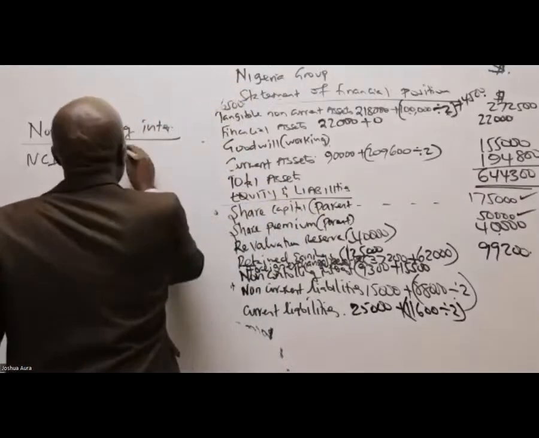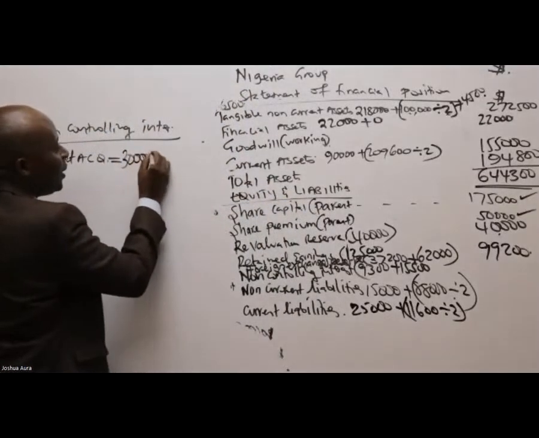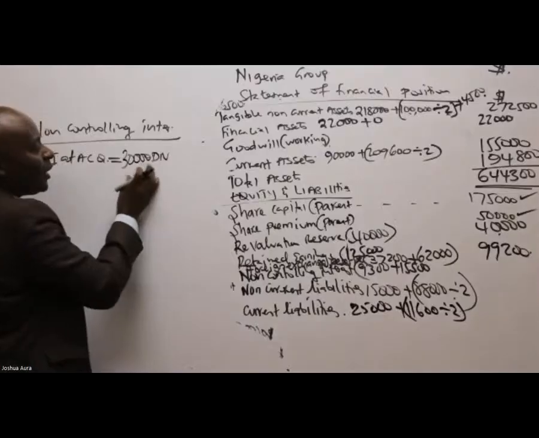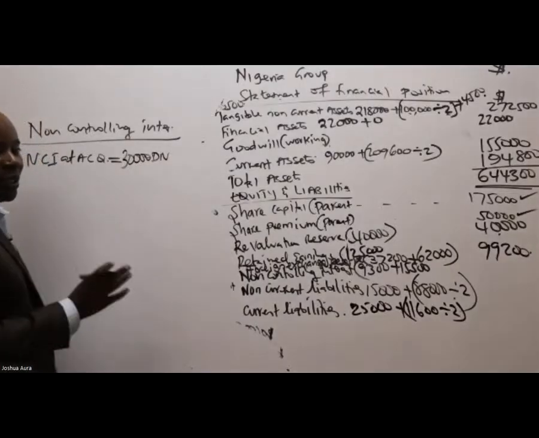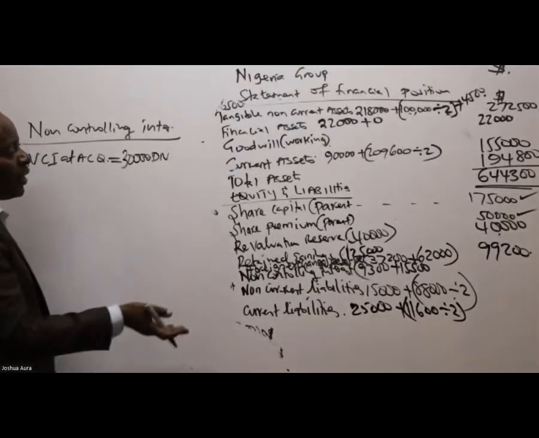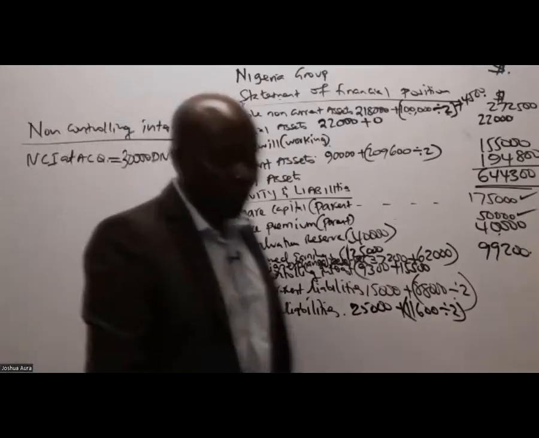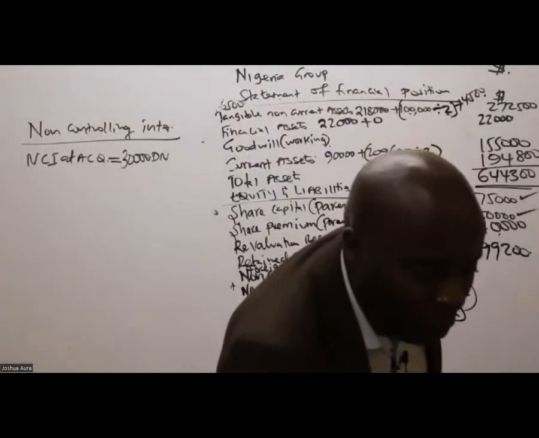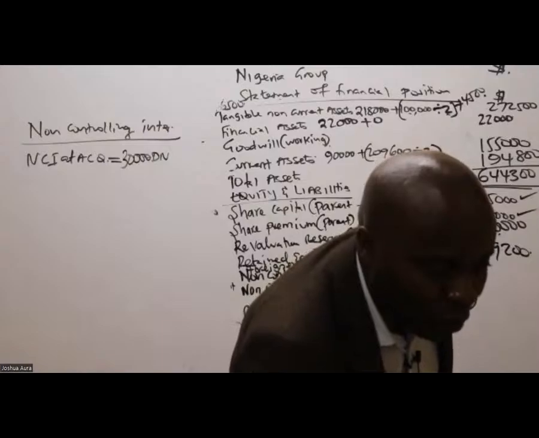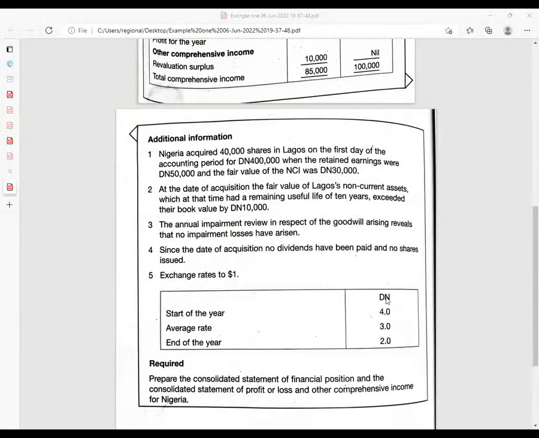But now remember that this 30,000 is in foreign currency, DNs. I need to retranslate this. So what should I divide this with, 2 or 4? It can't be the end of the year. It has to be at the start of the year when I was acquiring.